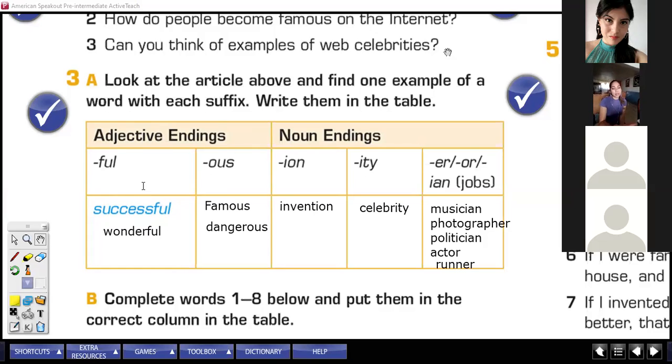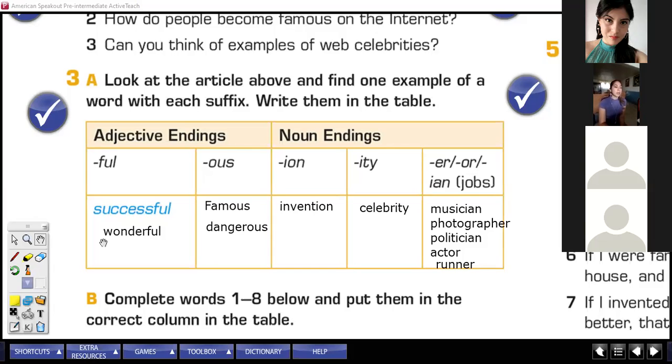Now with noun endings, we usually have ion, ment, er, or, ian for nouns. Cuando vean estas terminaciones, generalmente no van a ser verbos, van a ser sustantivos, objetos, sujetos, lugares, ocupaciones. Entonces, se trata de identificar las terminaciones para saber si es un adjetivo o un sustantivo.